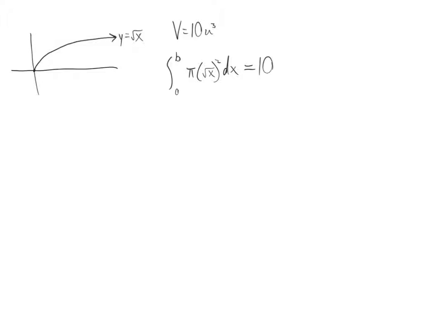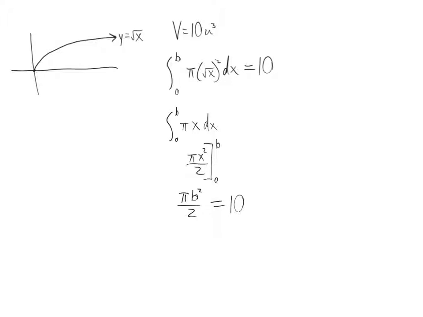So if we simplify, we get from 0 to b of pi times x dx. That's going to be pi x squared over 2 from 0 to b, which equals pi b squared over 2 minus 0, and then that needs to equal 10.